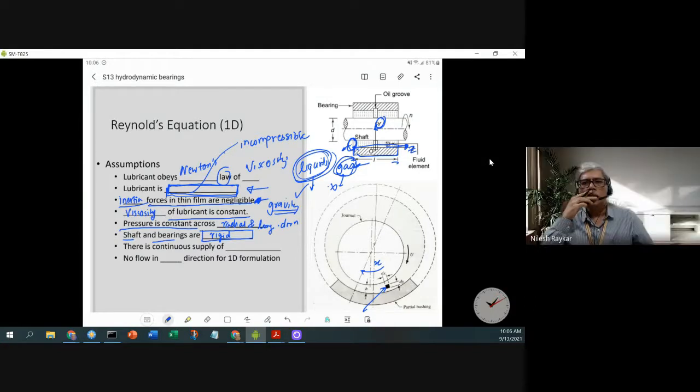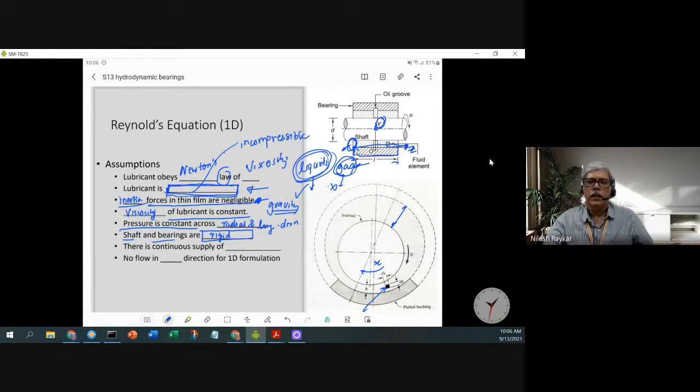Right. If deformation happens, then the wedge geometry will also keep on changing. Here we are assuming that the wedge geometry can be determined simply by the clearance. Once you know the clearance, you can determine the wedge geometry on a drawing board.